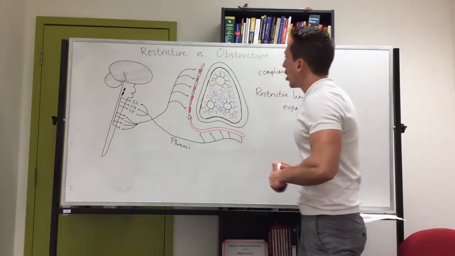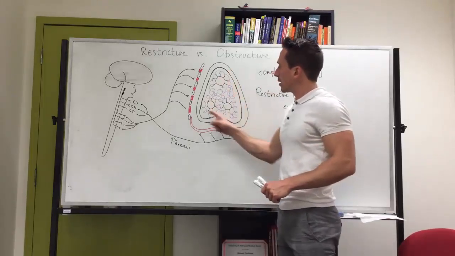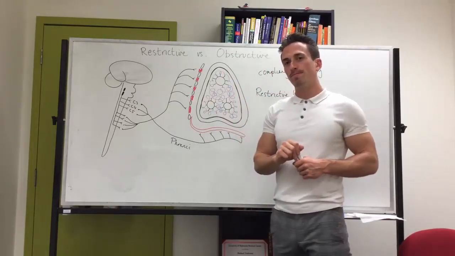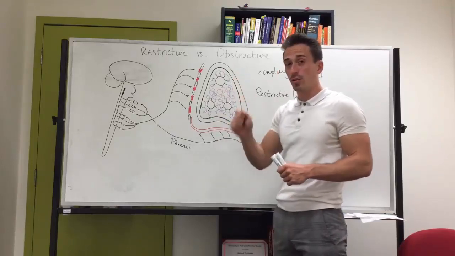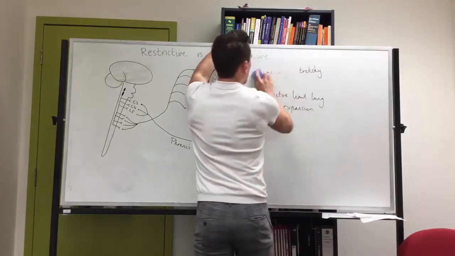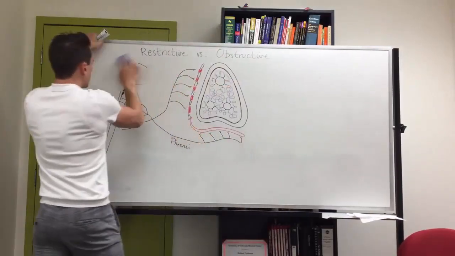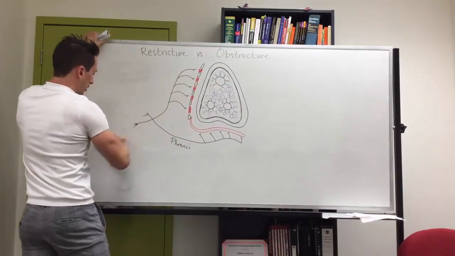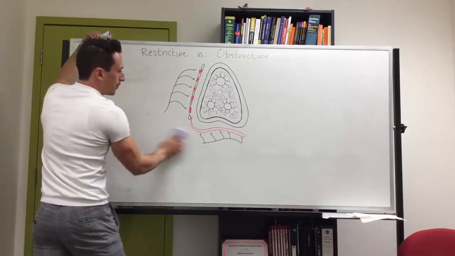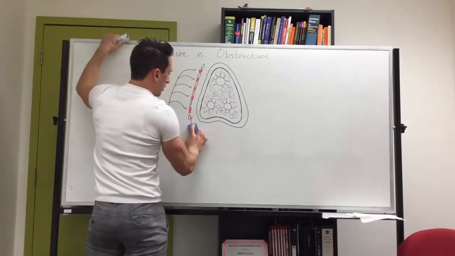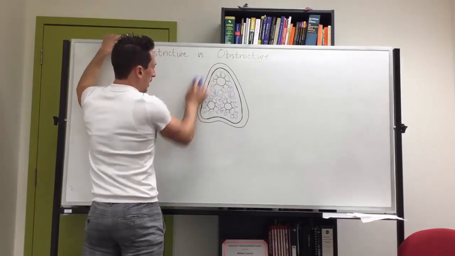Okay? I want to focus on intrinsic restrictive pulmonary diseases. So what's happening inside the lung tissue itself? In order to do that, let's get rid of some of the stuff we've put up at the moment, and we're going to focus just on the lung tissue itself. Now, as you can see, we've drawn up a nice healthy lung here.